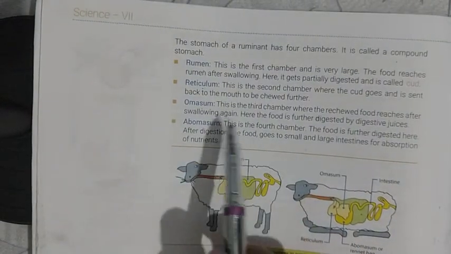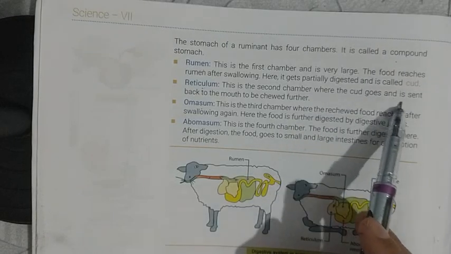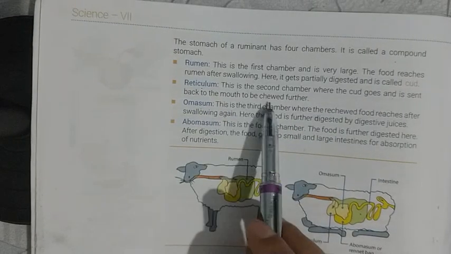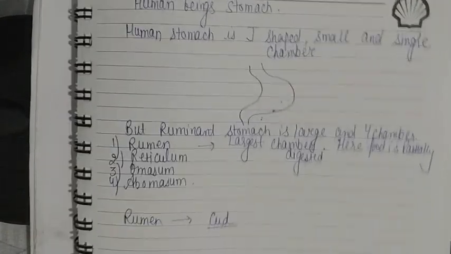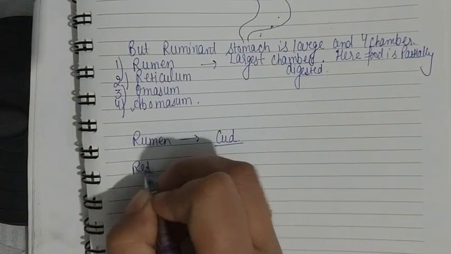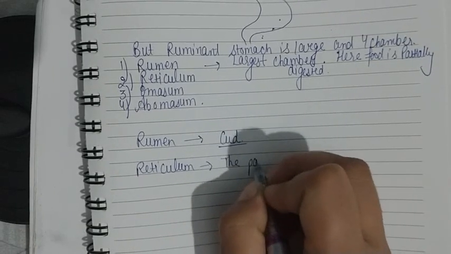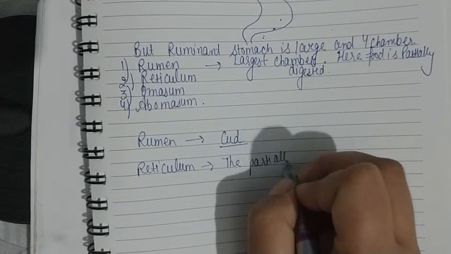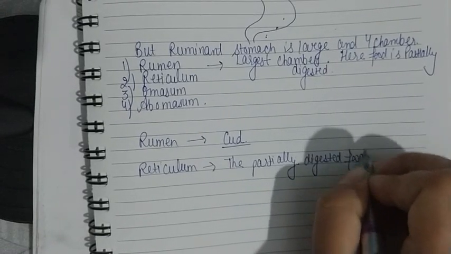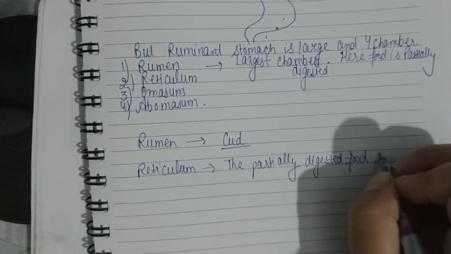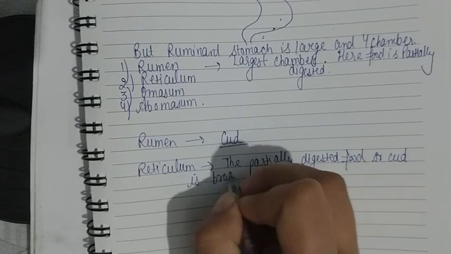Next is reticulum. This is the second chamber where the cud goes and is sent back to the mouth to be chewed further. The partially digested food, also called cud, is brought back to the mouth.